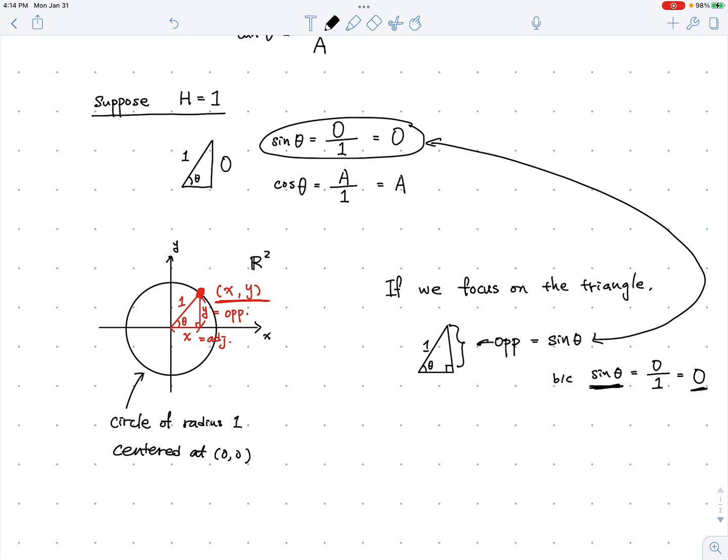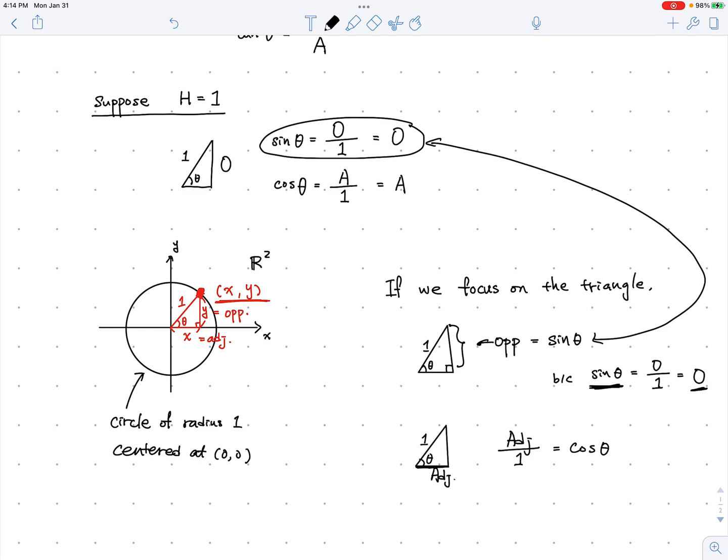And similarly, the adjacent, which is equal to adjacent over 1, is equal to cosine theta. Right, so now I have this length here is equal to the value cosine theta.